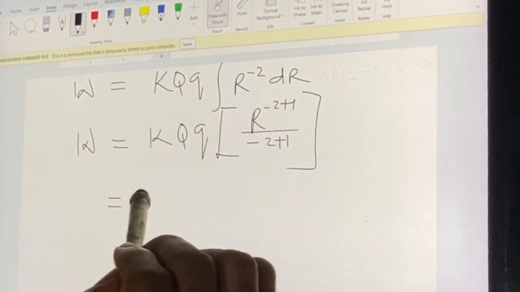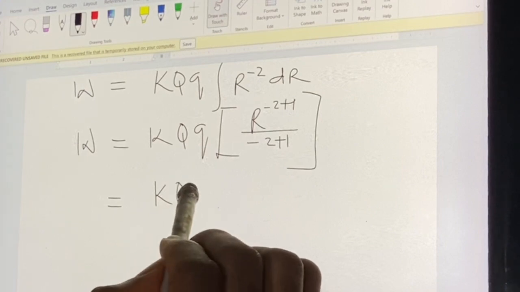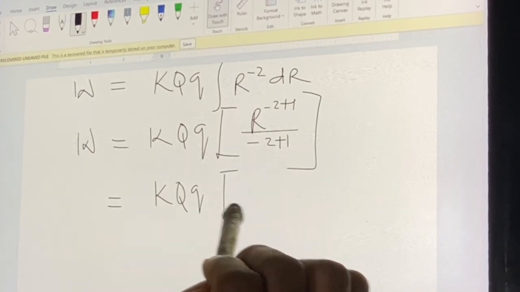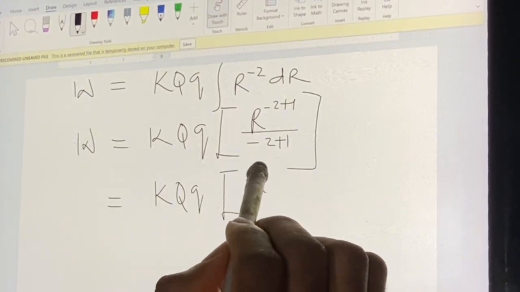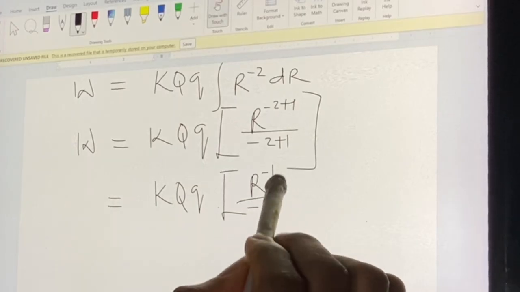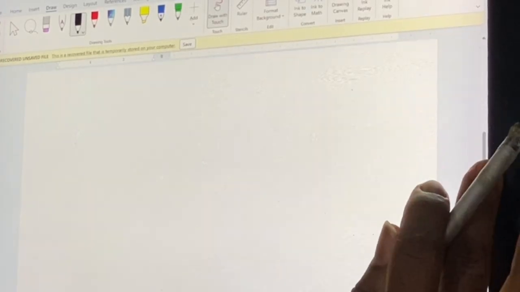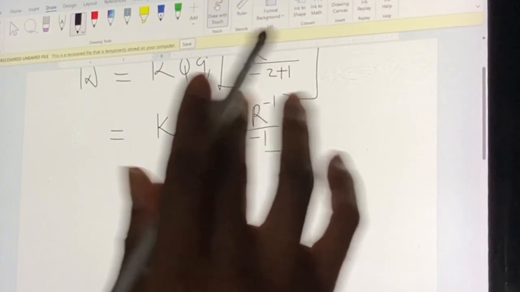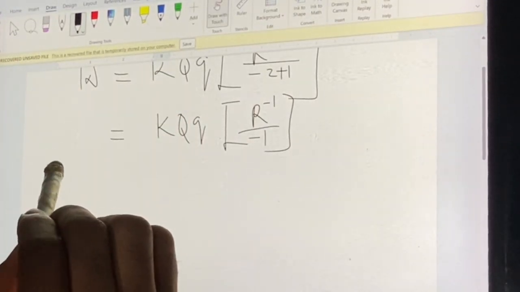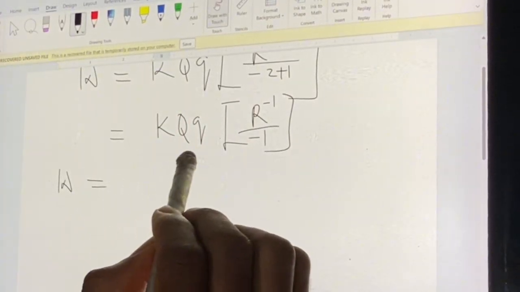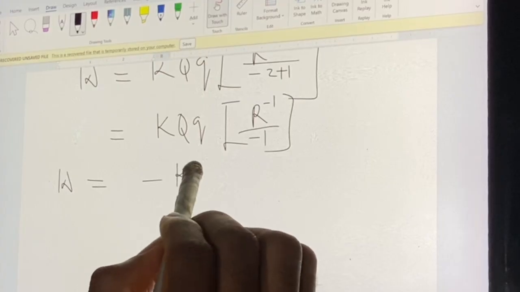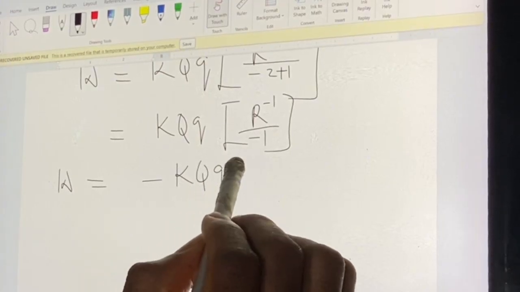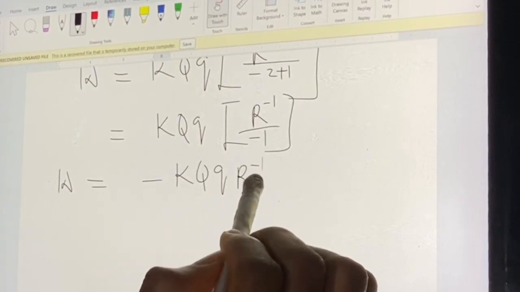So this will be equal to K Q q into r raised to minus 1 over minus 1. Everything here, W will be equal to minus K Q q r raised to minus 1.